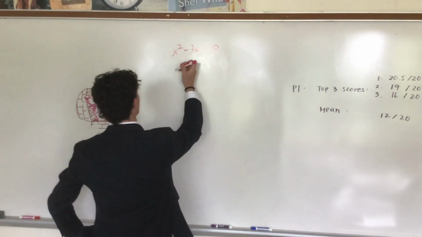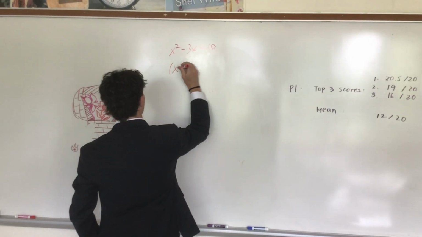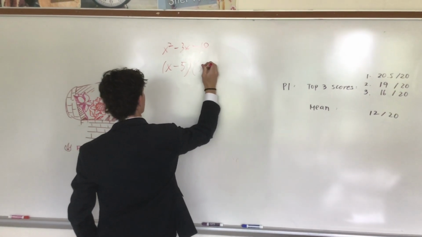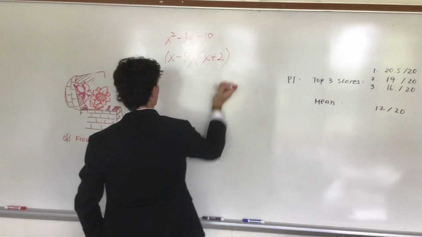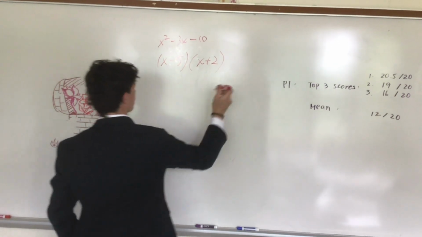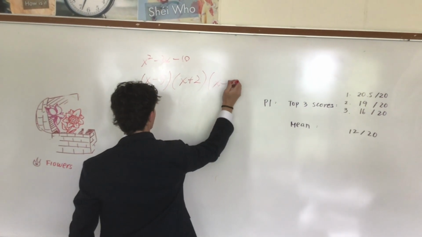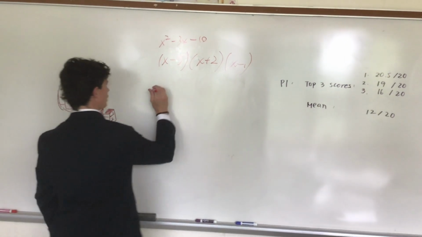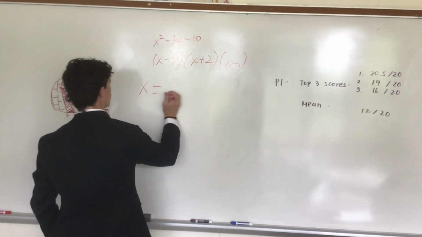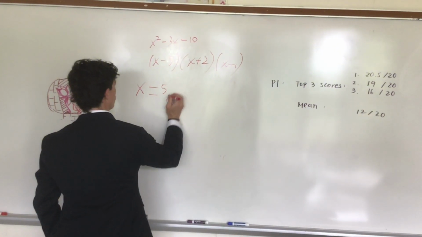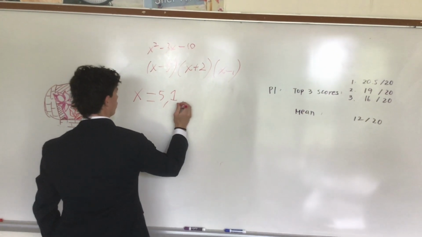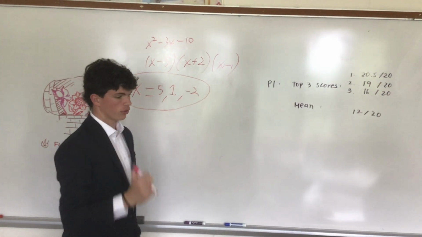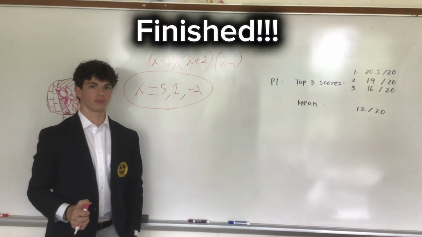So here, it would be x minus 5, x plus 2. And don't forget, from earlier, x minus 1. So, now that we have to pull out all the x's, the values for x are 5, 1, and -2. So those are the three roots.